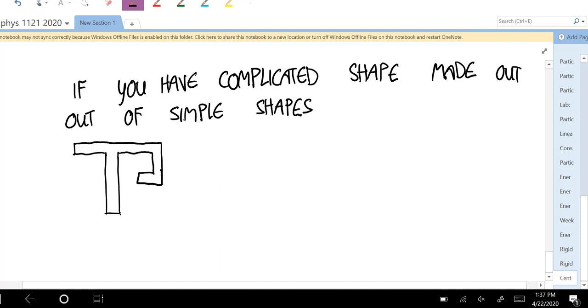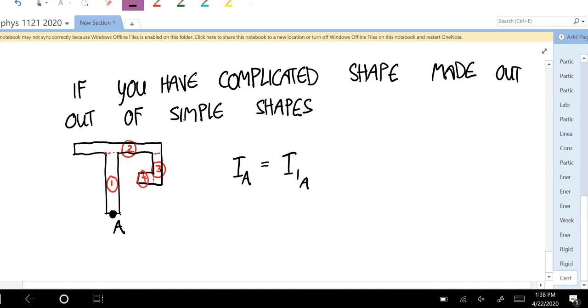Okay, we definitely don't have a formula for that, but we could break this up into things we do have formulas for, rectangles. Okay, and let's call this rectangle shape 1, 2, 3, and 4. Let's say that we want to calculate the mass moment of inertia of this shape around this axis. Well, the mass moment of inertia of the whole thing about A is just the sum of the mass moments of inertia of those simple shapes.